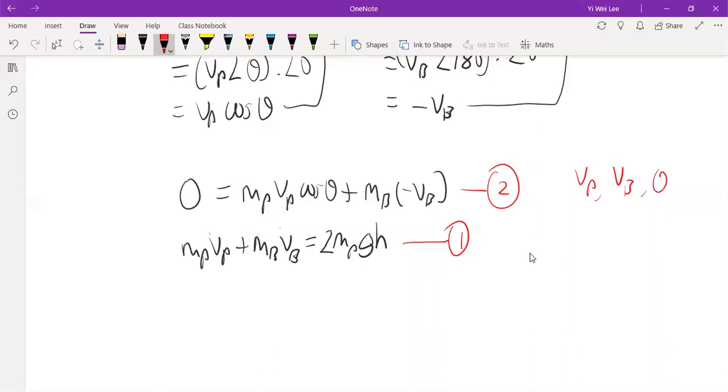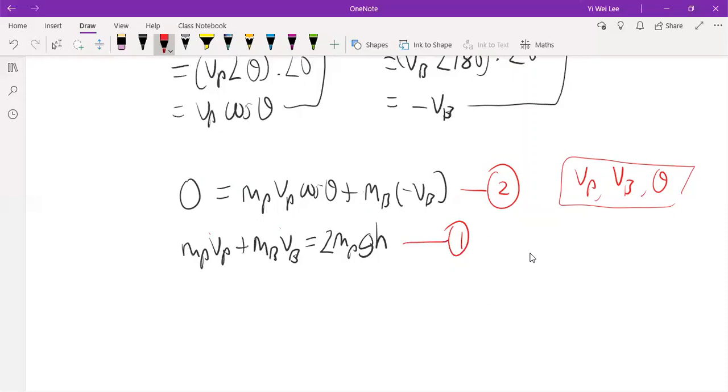We also have the direction of the velocity of P, which is unknown, which is theta here. That means we have three unknowns with two scalar equations. We can't solve this, so we need one more equation to relate VP and theta.